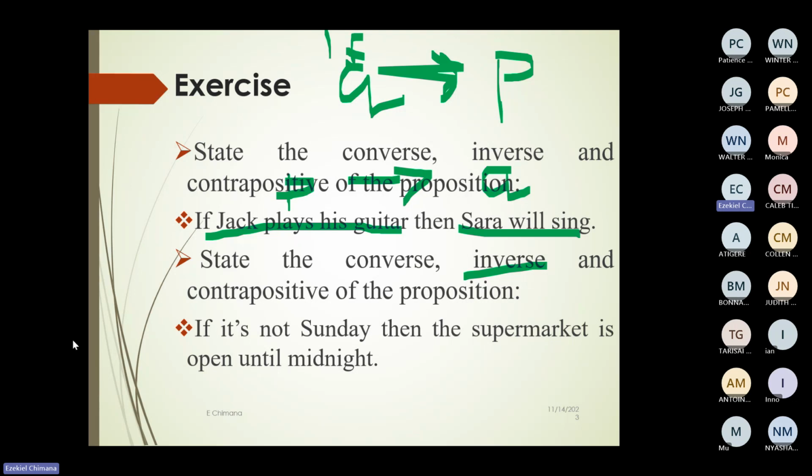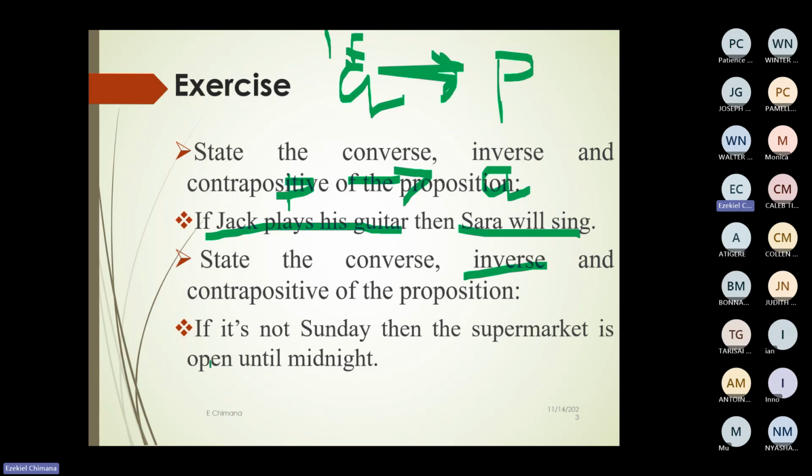And then what could be the answer in words here? If Sarah doesn't sing, Jack will not play his guitar. Exactly. So if Sarah won't sing, then Jack doesn't play his guitar. That's the contrapositive statement there. Thank you for that.